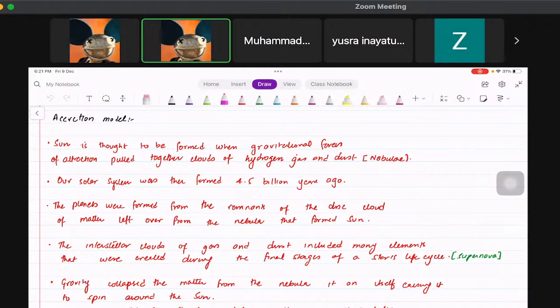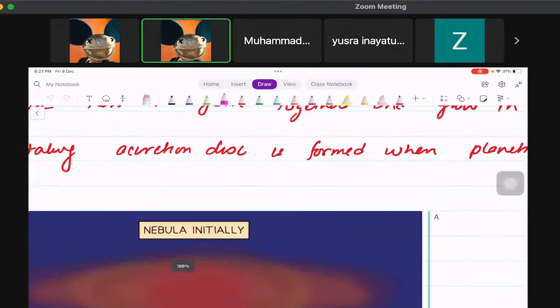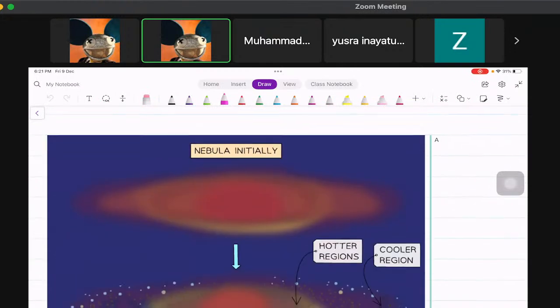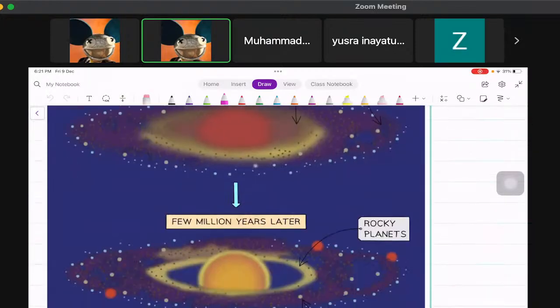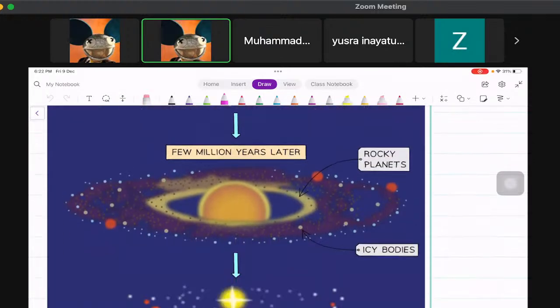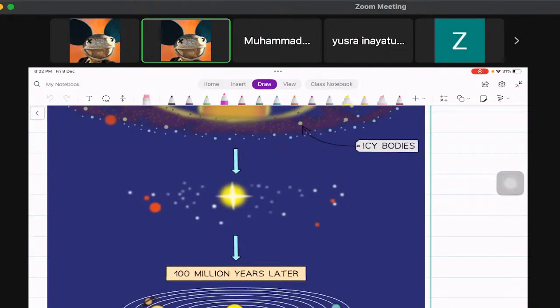Okay, so basically it is like a nebula initially, as you can see, and then there are hotter regions, colder regions. The sun is turning to form, and then when the sun forms a few billion years ago, rocky planets are closer and icy bodies are farther, and slowly the other bodies combine around the sun, and then about 100 million years later it becomes a solar system.